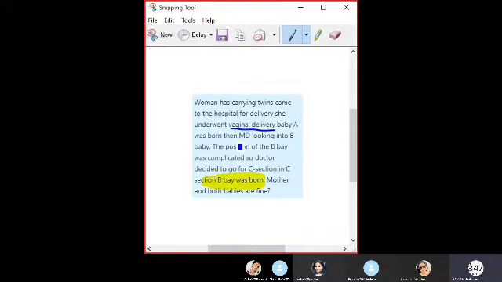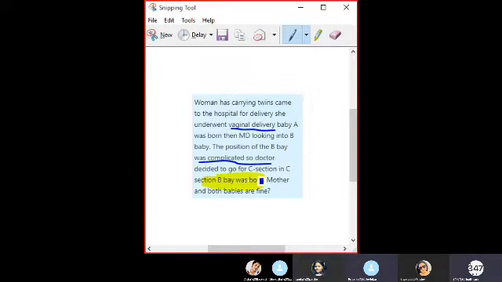Then, once that delivery happened, the MD looked into baby B. The position of baby B was complicated. The MD saw baby B when? Before delivery, right? So that is for what care? Antepartum care.